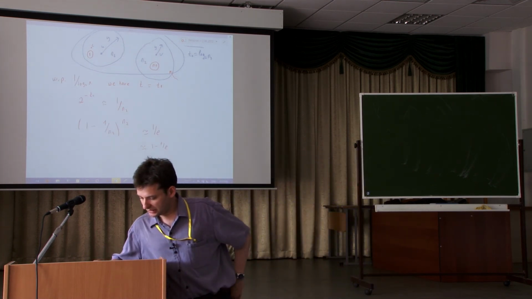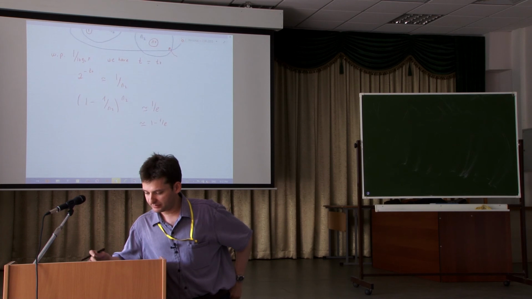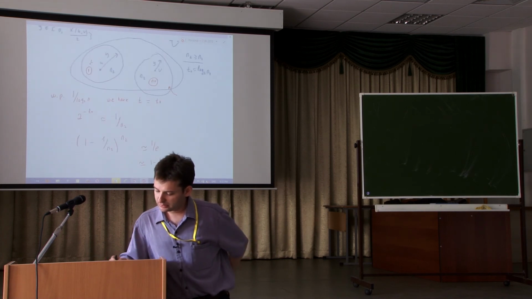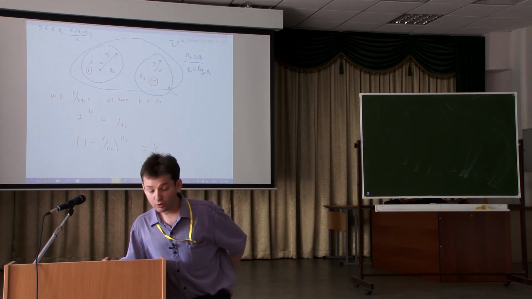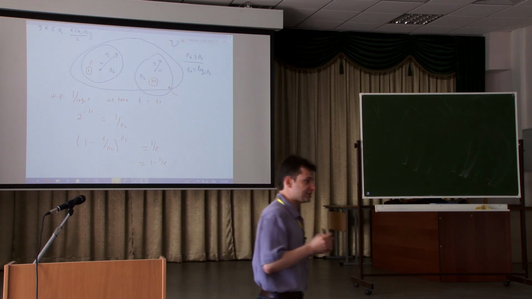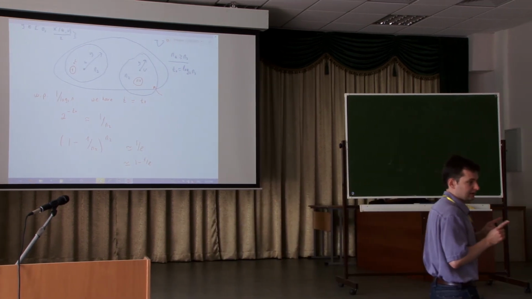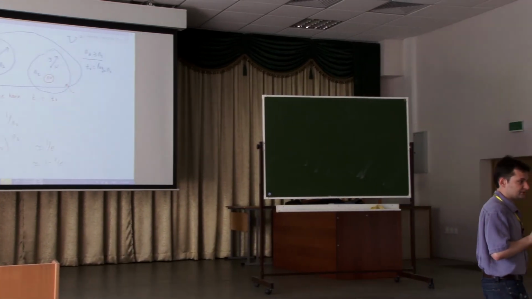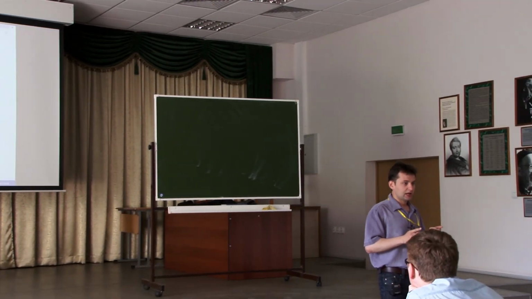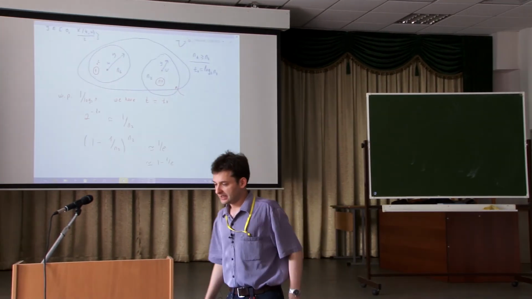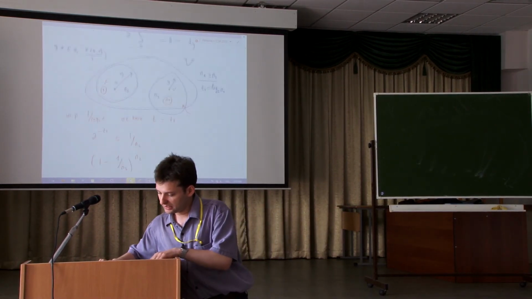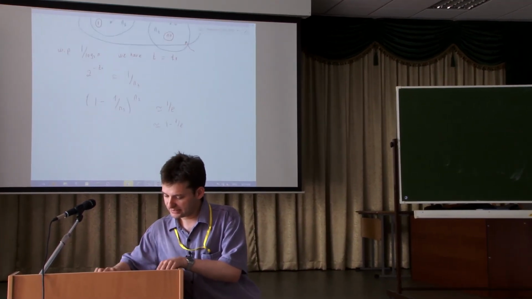And because of this, again, with some constant probability, the ball on the left contains at least 1 point. The ball on the right contains no points. This is, of course, conditional on this random parameter T being equal to T0. So the probability of that event is 1 over log n. And so this is what we really plug in this integral.